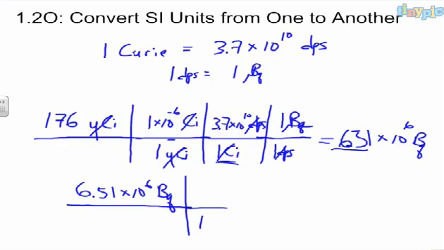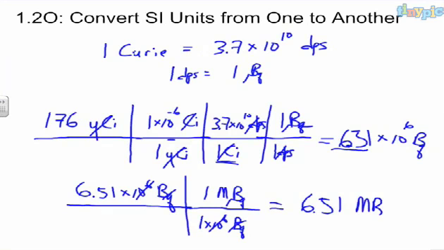So 1 times 10 to the 6 becquerels is equal to 1 megabecquerel. And you can see the times 10 to the 6 just crosses out nicely there, and you end up with 6.51 megabecquerels.